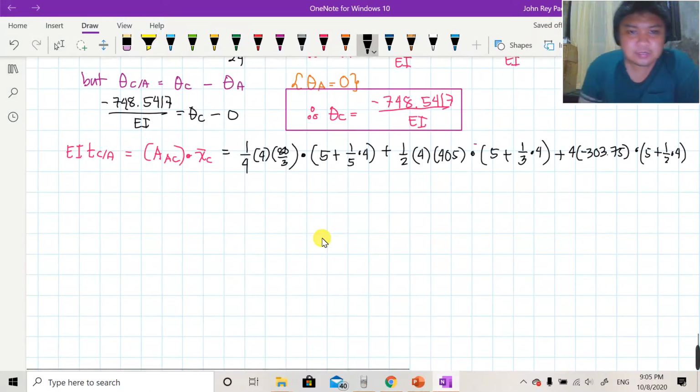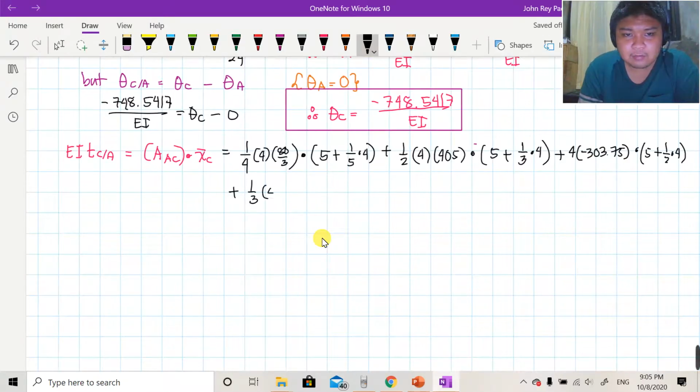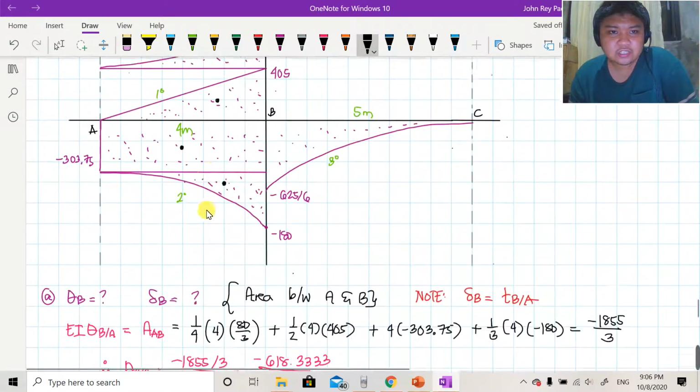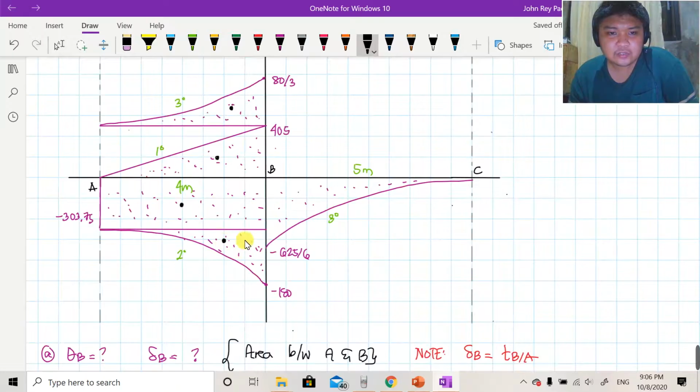Okay? So, next naman tayo. Another spandrel of the parabola, 1/3 ng 4, negative 180, and its moment arm o yung centroid ay 5 plus 1/4 ng 4. Para ma-verify natin na tama siya, class. Ito siya. So, 1/4 ng 4 plus 5 meters.